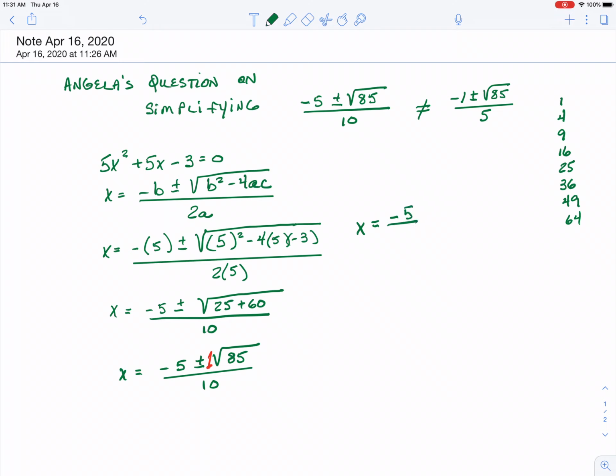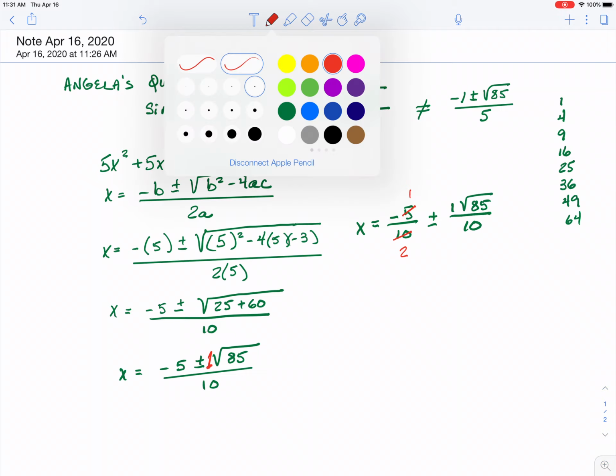One way to handle this is to separate the 1 times the square root of 85 and put it over 10, and the negative 5 and put it over 10. So you see that you could actually do some canceling here, but then the denominators would be different.